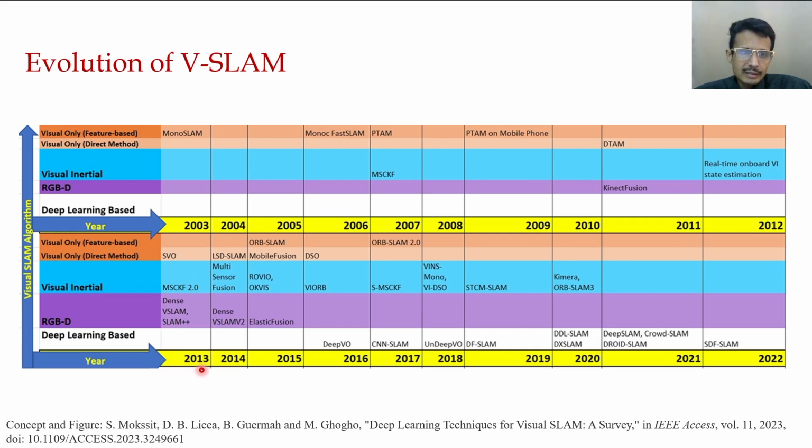In 2013 there is visual only SVO, visual inertial MSCKF, and then SLAM RGB-D. The major thing coming is DeepVO in 2016, the deep learning based one. Then DeepVO in 18, DF-SLAM in 19, DDL-SLAM in 2020, and then DeepSLAM, CrowdSLAM, DRYD-SLAM, and SDF-SLAM. So these are the main deep learning based techniques.